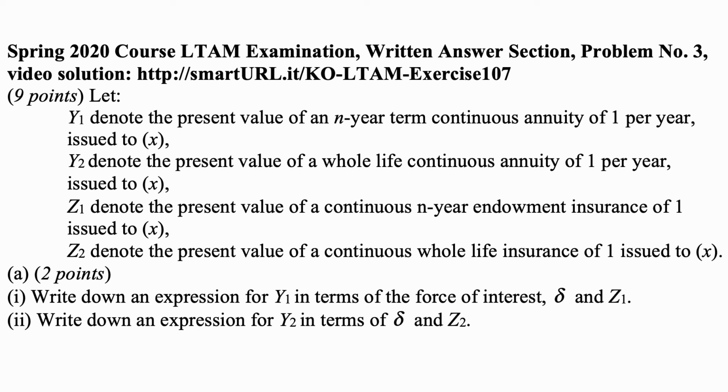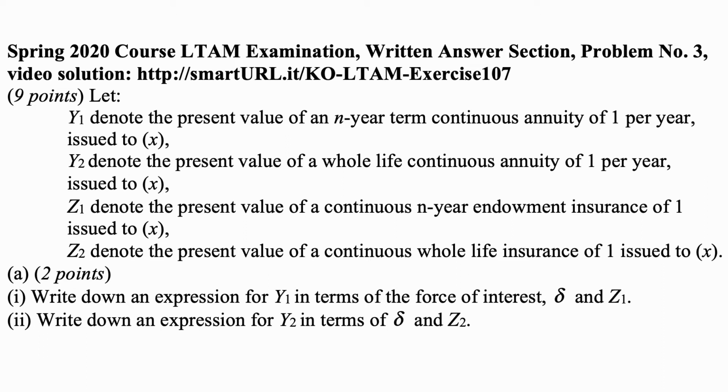Here's the problem for today. For exam LTAM, let Y1 denote the present value of an n-year term continuous annuity of 1 per year issued to X years old. Let Y2 denote the present value of a whole life continuous annuity of 1 per year issued to X years old. Let Z1 denote the present value of a continuous n-year endowment insurance of 1 issued to X years old.